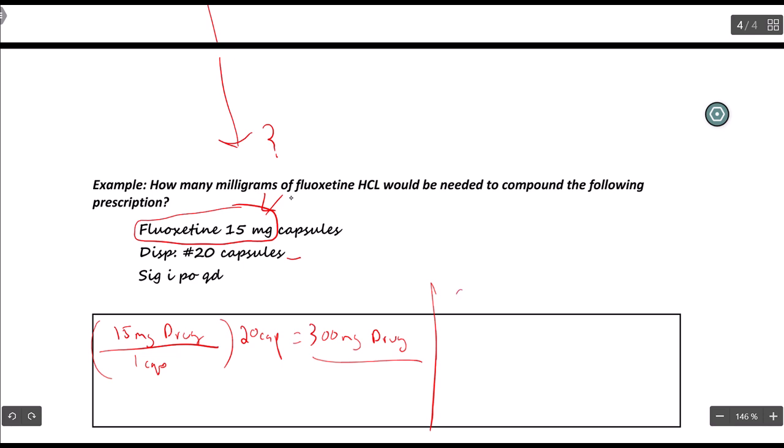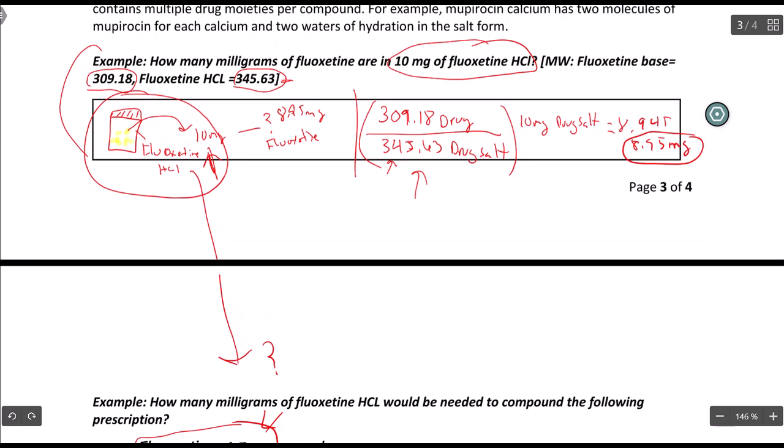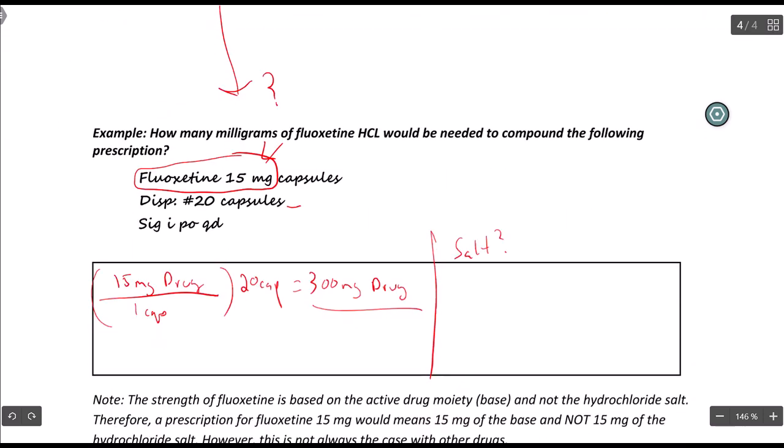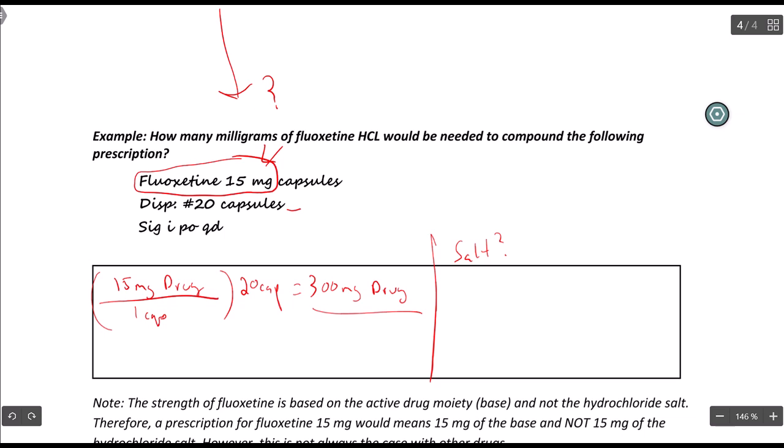Well, use the same thing that we know up there. We know the ratios of each one of these. All I'm doing is just solving in the other way. So I can say that every time I weigh out 345.63 milligrams, I can use whatever unit I want, of the salt, I get 309.18 milligrams of the base.